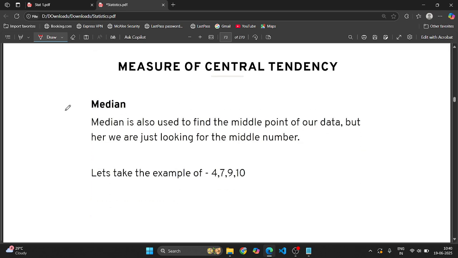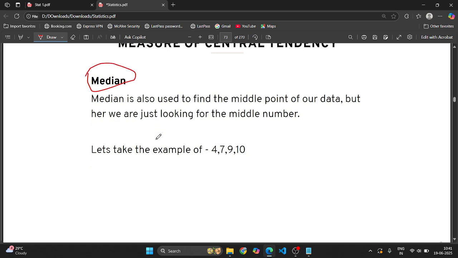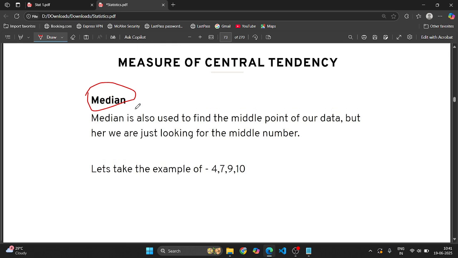Now another measure is the median. The median is also used to find the middle part of our data, but here we are just looking for the middle number. What will be the median?